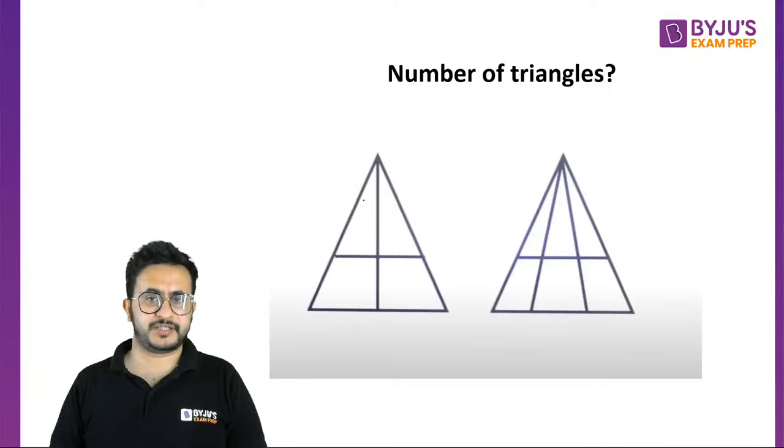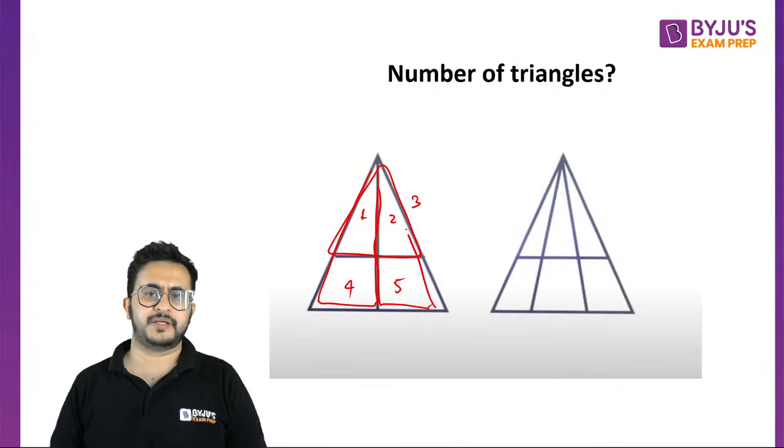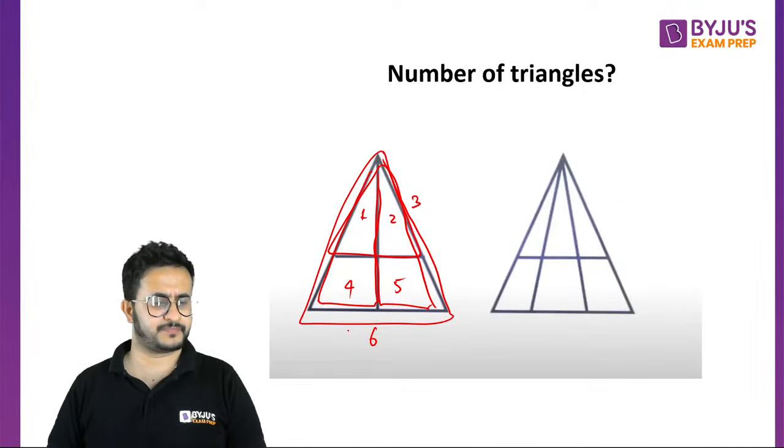We can say that this is the first triangle, this is the second triangle, this is the third triangle. And then we see 4 and 5 in the bottom, that is, these larger triangles are 4 and 5. And then the grand triangle, the biggest triangle, makes it 6.